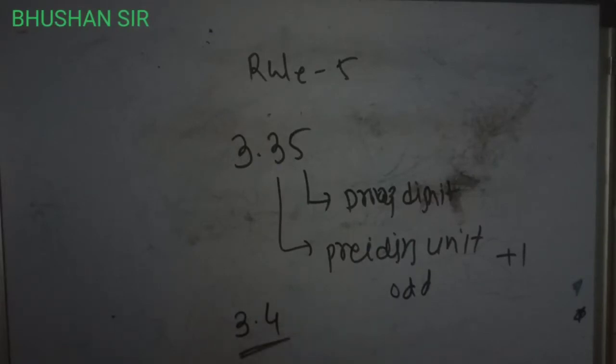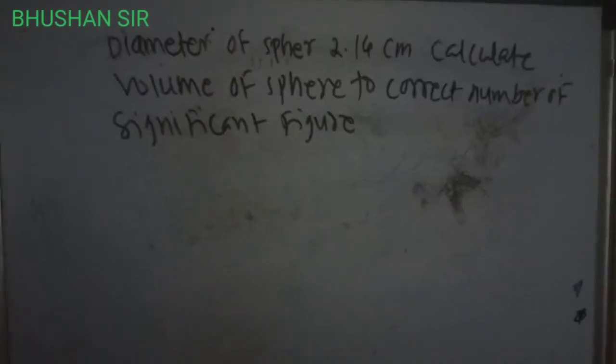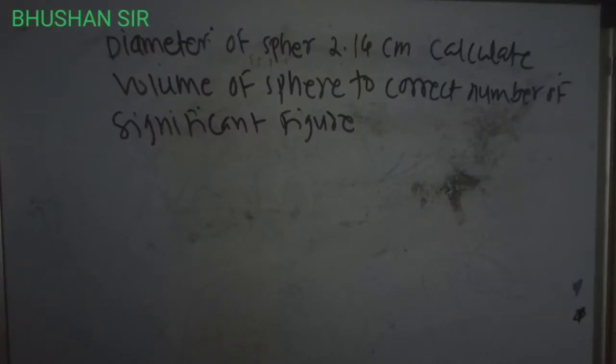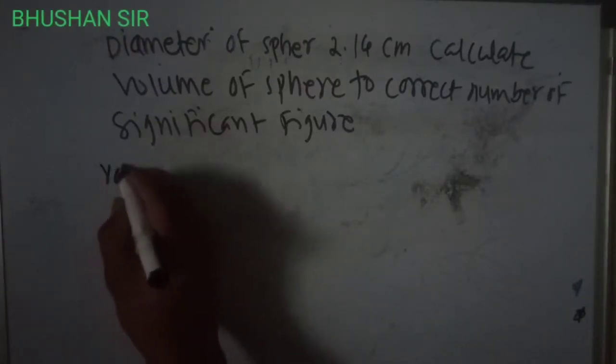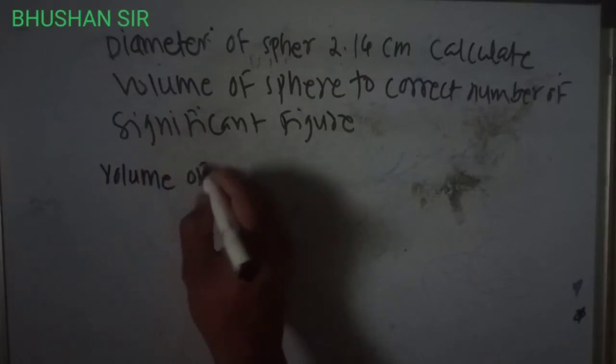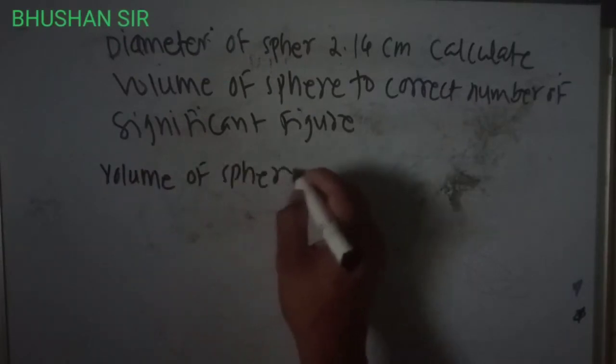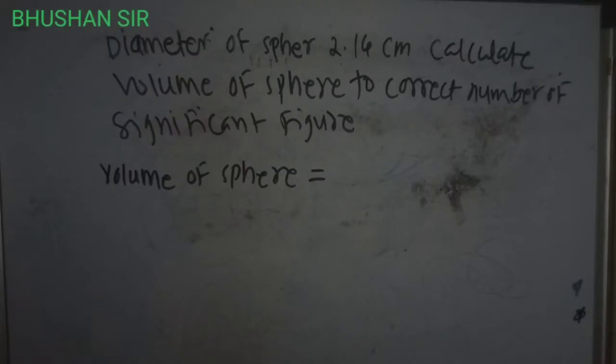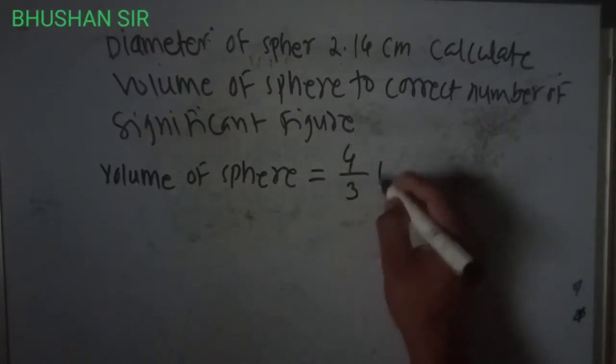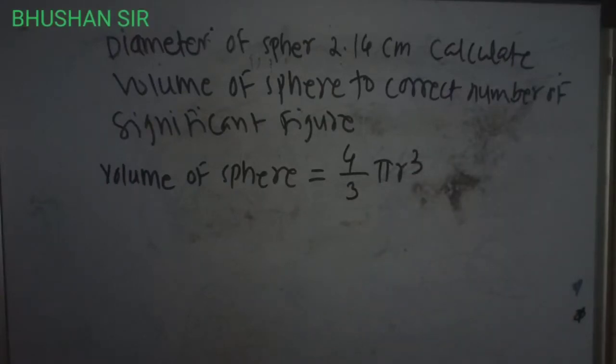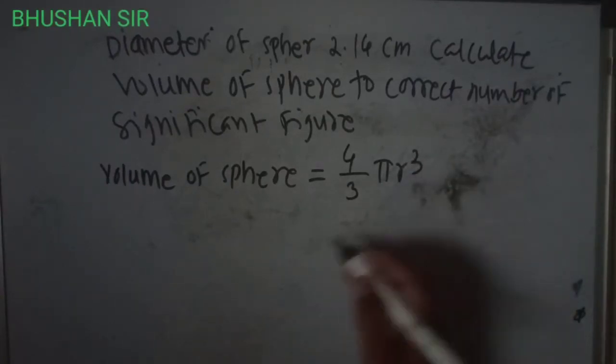Let's say our numerical is: the diameter of a sphere is 2.14 centimeter. Calculate the volume of the sphere to the correct number of significant figures. What is the volume of a sphere? The formula of volume of a sphere is 4 by 3 pi r cube. We know that. What is the value of pi?